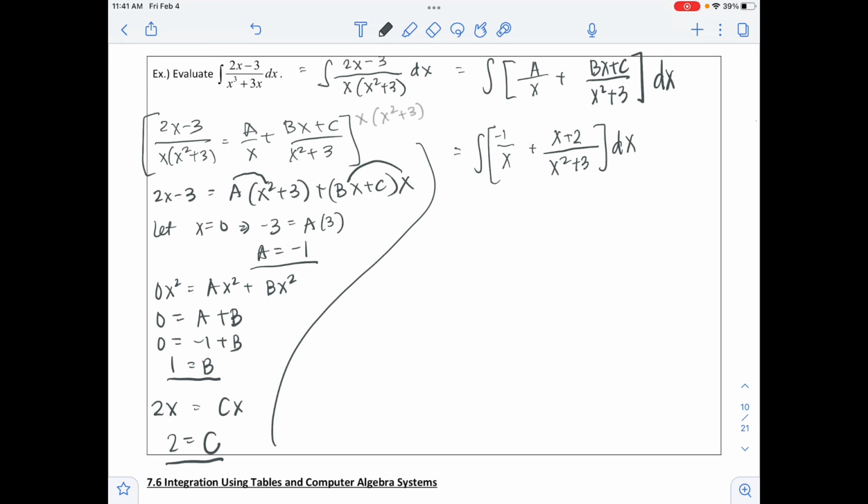And so integrating the first one, that is negative ln of the absolute value of x. And then for that second term, I'm going to split this. I'm going to say this is the integral of x over x squared plus 3 dx plus the integral of 2 over x squared plus 3 dx.